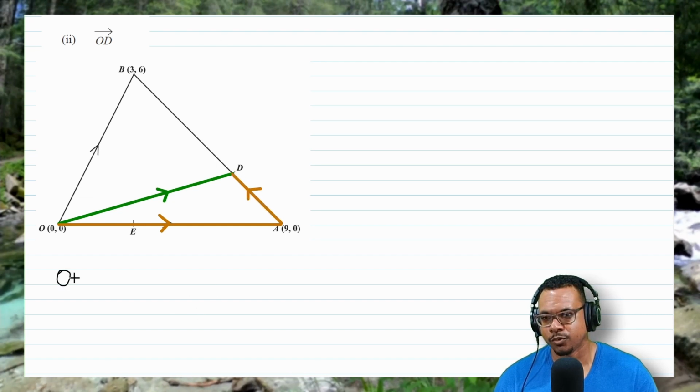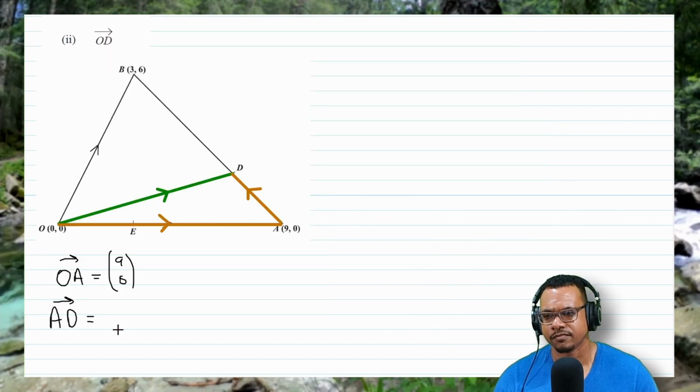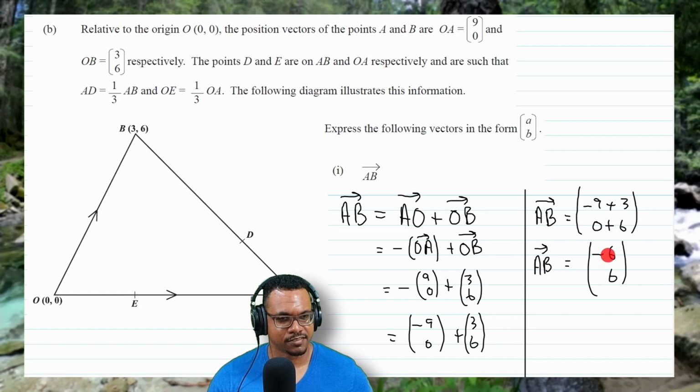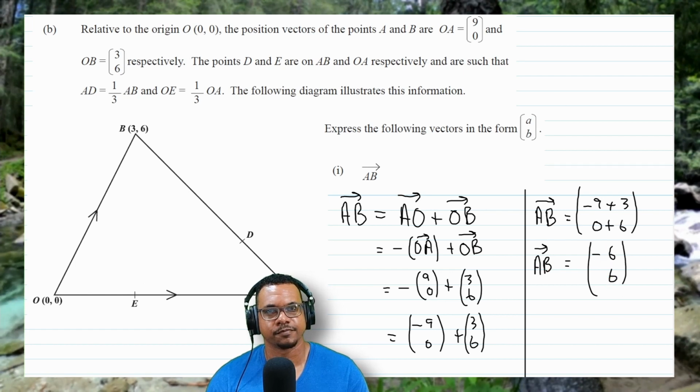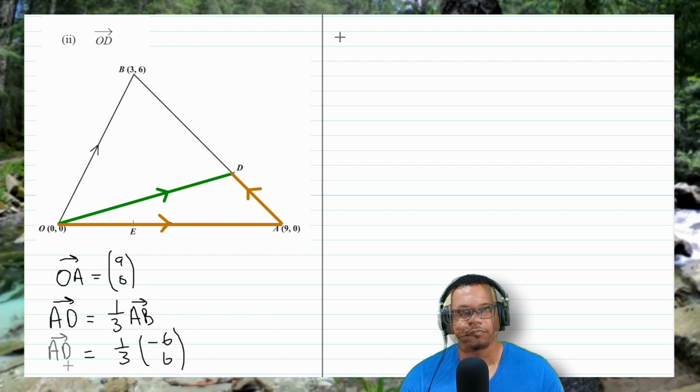So we know from O to A is (9, 0). We know from A to D is 1/3 AB. So that'll be 1/3, and AB was (-6, 6).